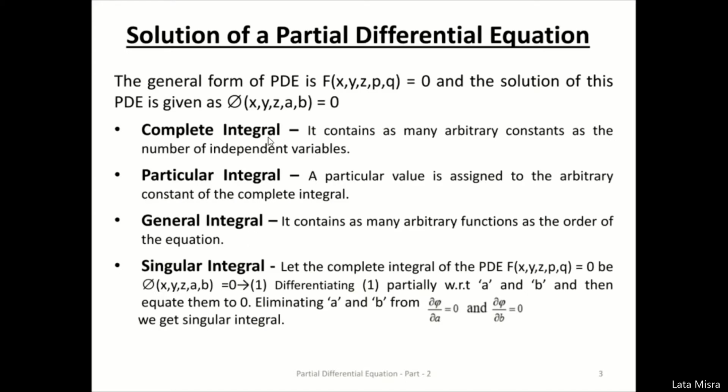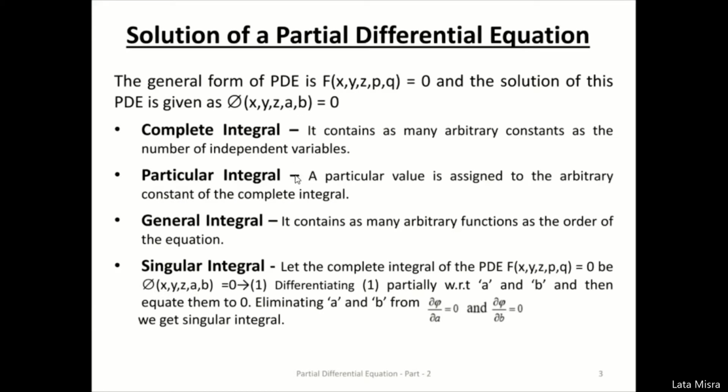The complete integral contains as many arbitrary constants as the number of independent variables. For example, phi(x, y, z, a, b) = 0 is a complete integral because it has two independent variables x, y and two constants a and b.